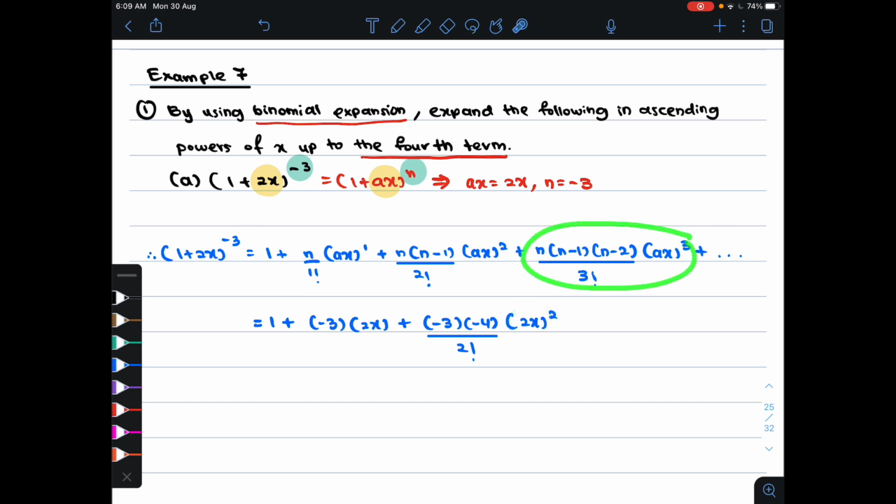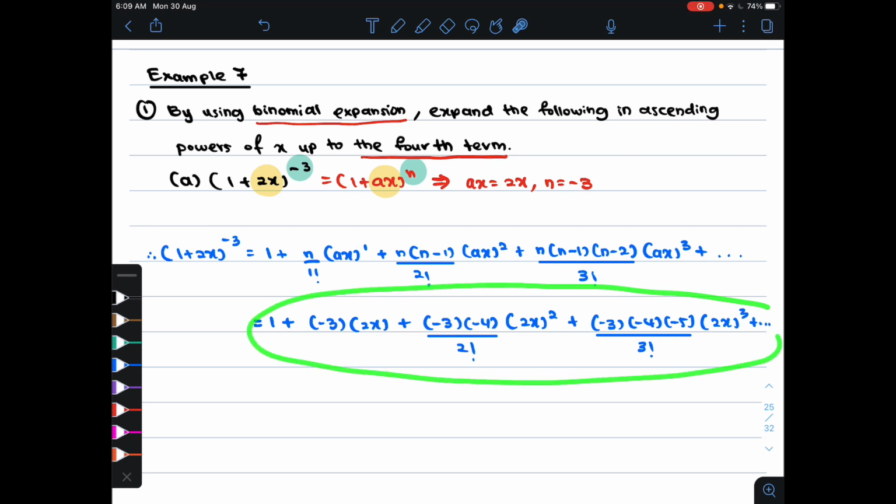For the next term, since we have n times n minus 1, n minus 2, we're going to have negative 3 times negative 4 times negative 5 divided by 3 factorial times 2x to the power of 3, and then we have plus dot dot dot. So now just simplify this part here.